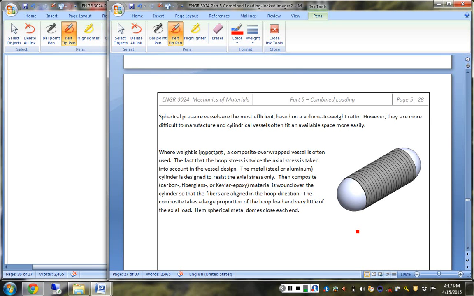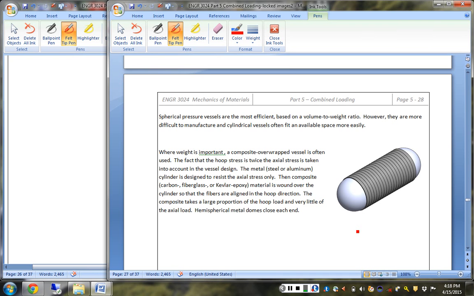Have any of you ever actually been on a submarine? No submarines. Okay. You don't usually get to see the ribbing that I'm talking about, but there is support ribbing to make it stronger in that axial direction.